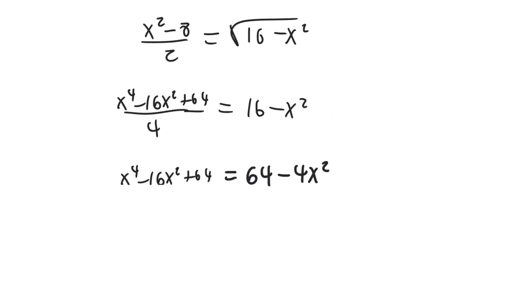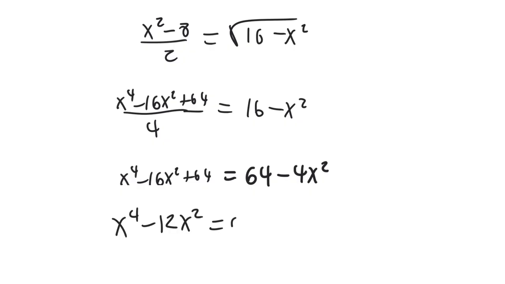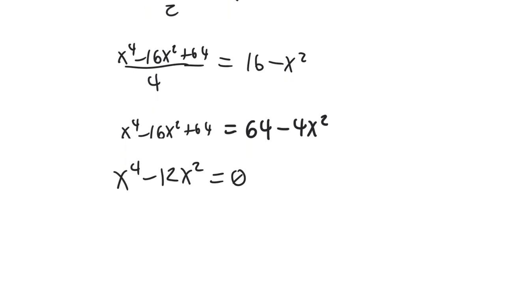Now we can set it equal to 0. So we are looking at x to the fourth minus 12x squared equals 0. Factoring out an x squared, we end up with this.